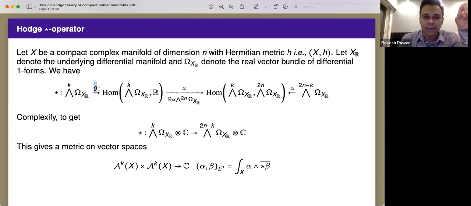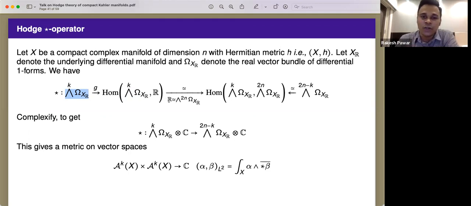So that G gave an alternating bilinear form on lambda^k, the k-th wedge product of omega_X. You should think of G as a tensor to R, so I can think of this as giving a map from this to the dual, Hom(omega^k, R).